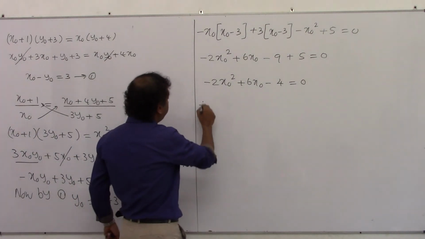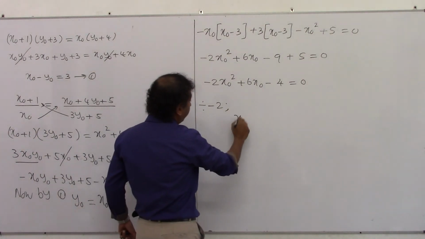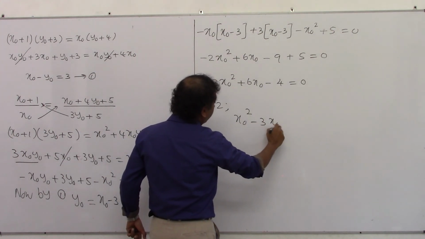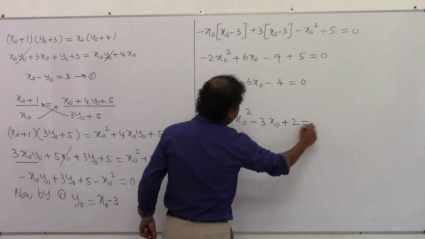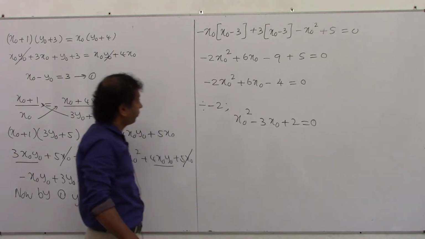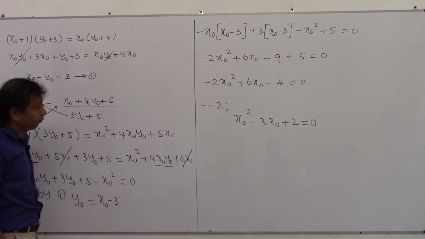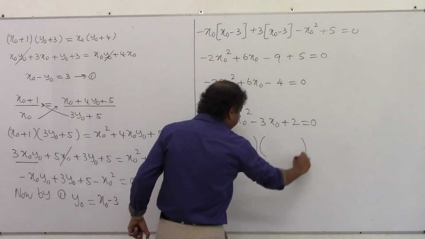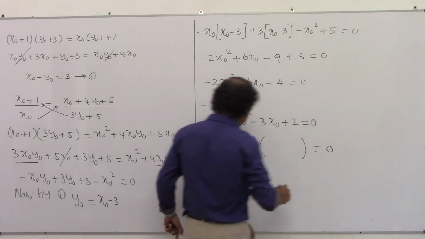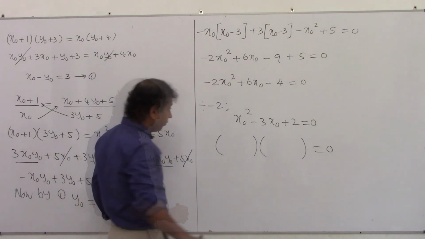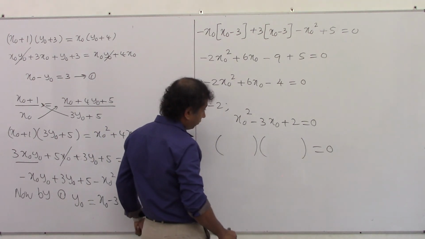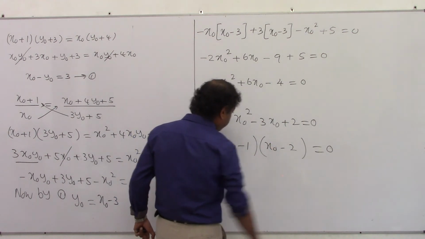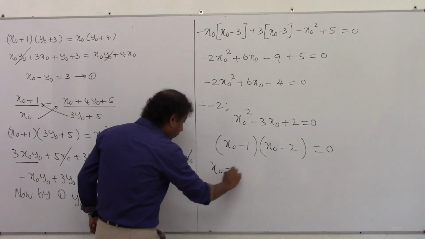Divided by minus 2, we get x naught squared minus 3 x naught plus 2 equals 0. You can factorize this. x naught minus 1, x naught minus 2.